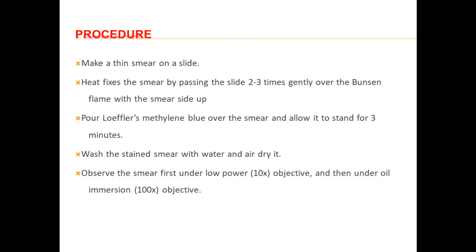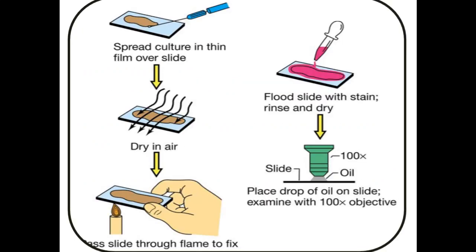The stain can be any form of simple stain, and we allow the stain to remain for 1 to 3 minutes. After that we wash away the stain with water and air dry the smear. After air drying the smear, you add a drop of oil and observe the smear under the oil immersion objective. This is the procedure for simple staining.